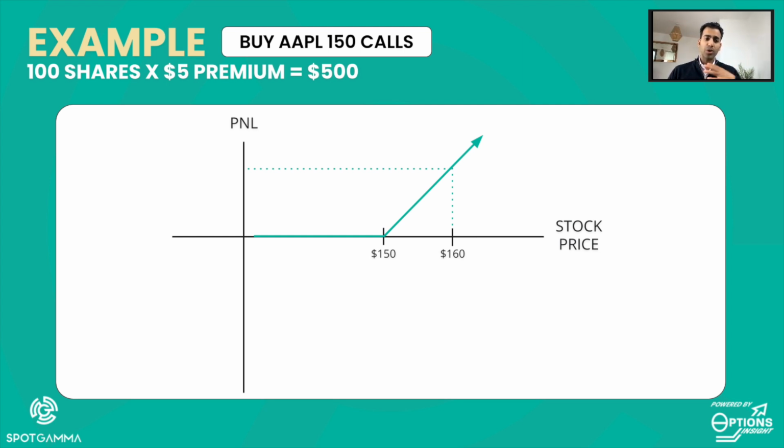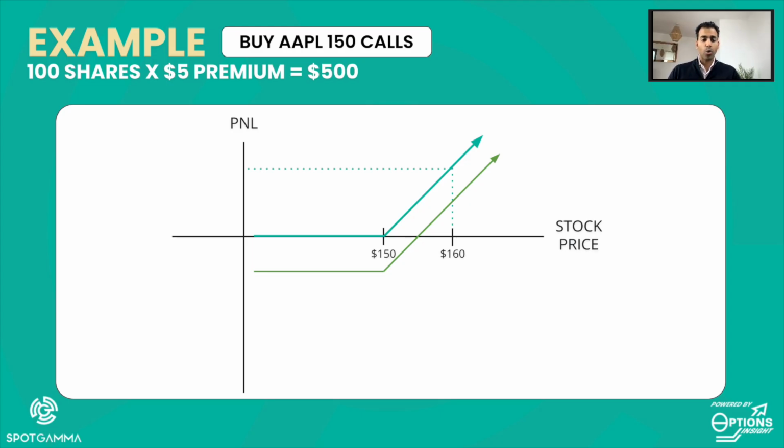Now, if we want to see what our true P&L is of this option position, then we have to reflect the price that we have paid for the option. If the option cost us $5, then we have to shift the payoff down by the amount of the premium.